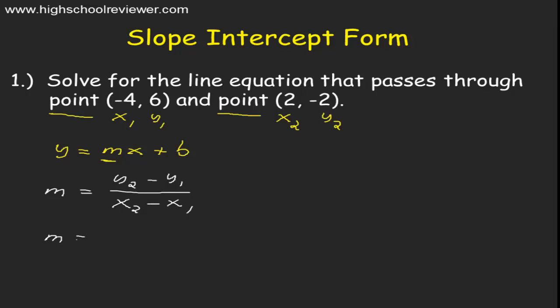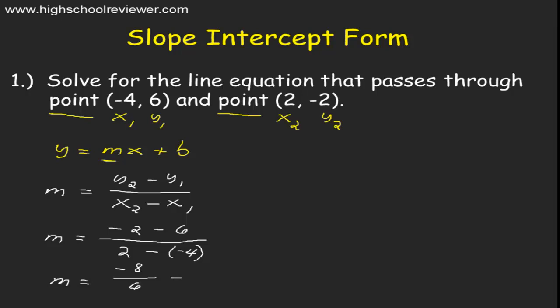So m will be equal to, the value for y sub 2 is -2 minus the value for y sub 1, +6. Our x sub 2 is +2 minus x sub 1, which is -4. So our m here will be equal to -2 minus 6, that is -8, all over 2 minus -4, that will be +6.